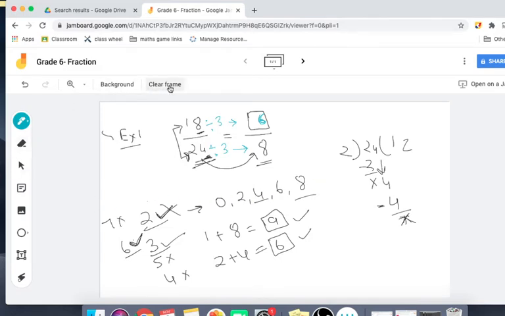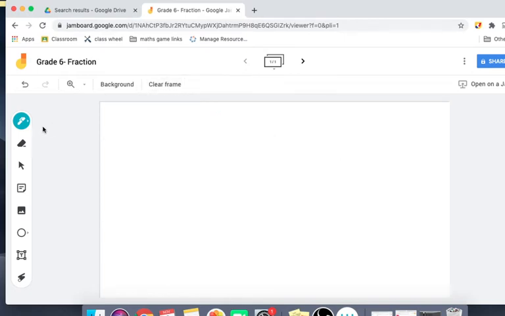Okay. So let's try some more examples. Example 2. Example 2 is saying 22 divided by 77 and the expected denominator is 7, and you have to find the numerator.